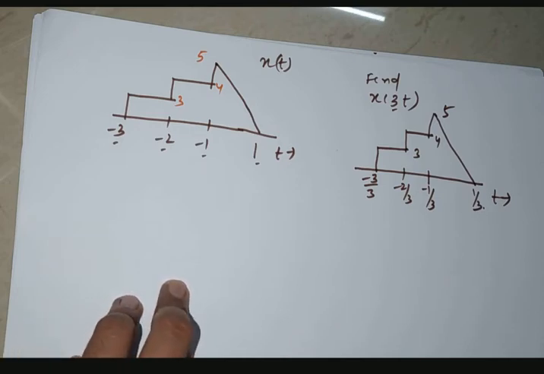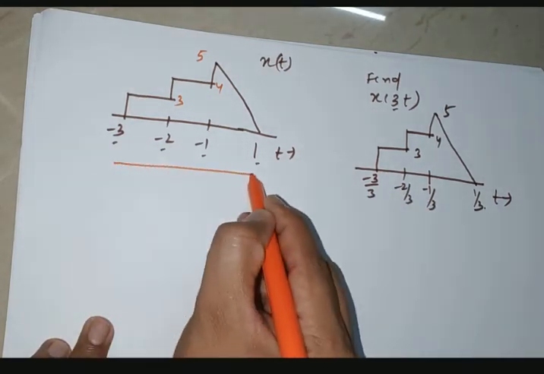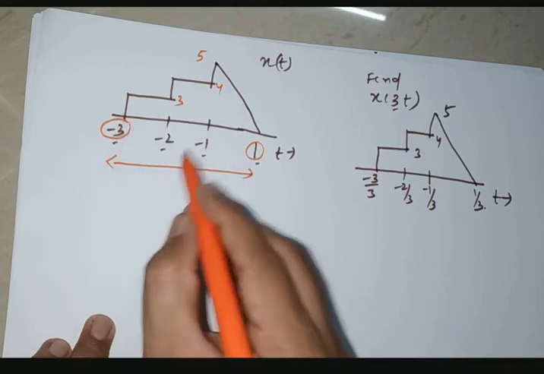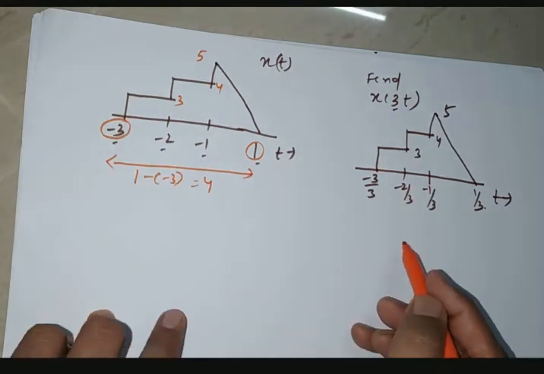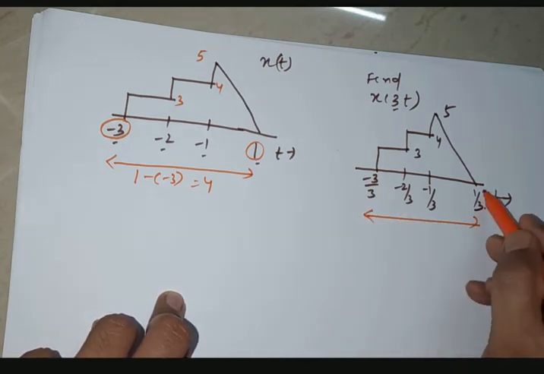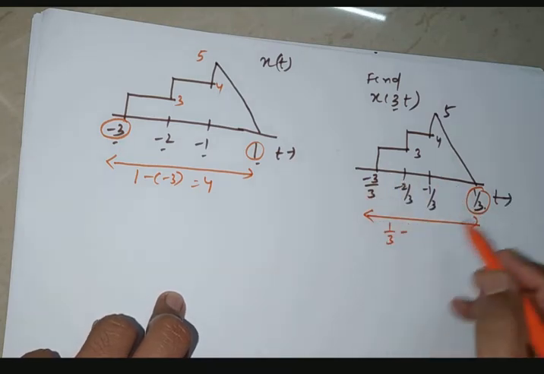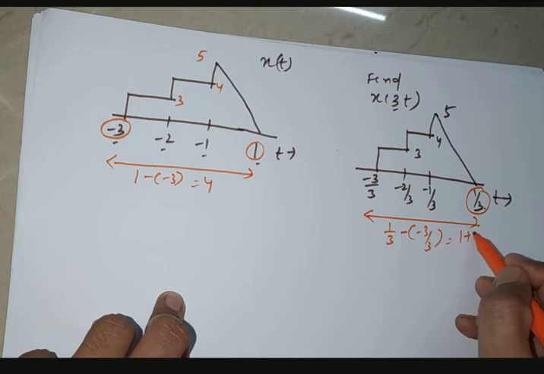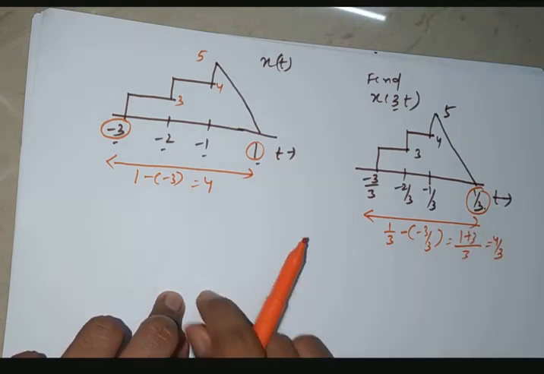So what will we get? We will get a compressed signal. If you find the width here, it is the highest limit minus the lowest limit, 1 minus minus 3, which is 4. And the width here is the highest limit 1 by 3 minus the lowest limit minus 3 by 3, that is 1 plus 3 by 3, which is 4 by 3.